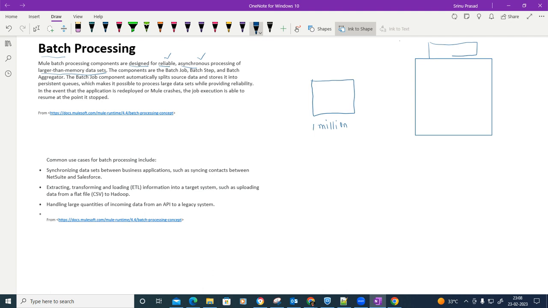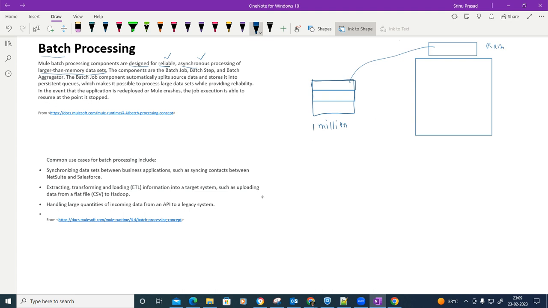So there should be some way to process this incoming data in batches. I don't process the 1 million records in one go. I will define some batches, like 1,000 records a batch, or some number of records a batch, and load some batches into the actual RAM and process the records.